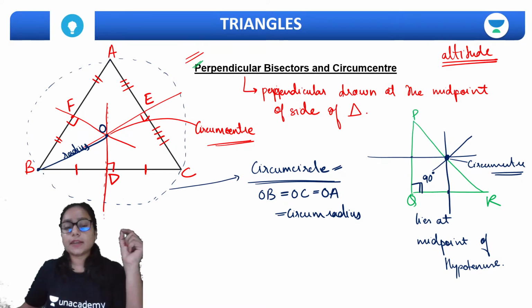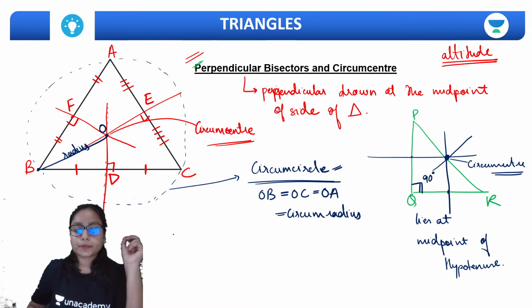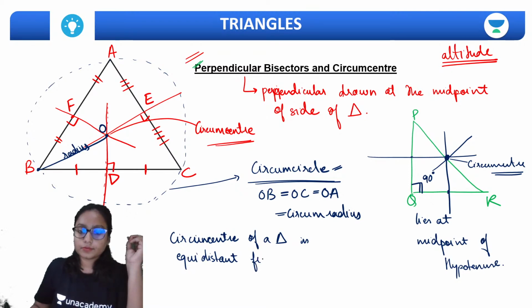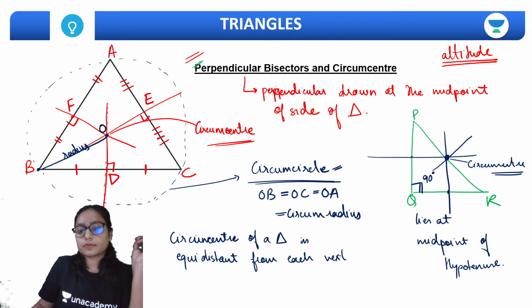So I am going to write a statement. Please tell me if this statement is true or false. Okay? Circumcenter of a triangle is equidistant from each of its vertices. Yes.